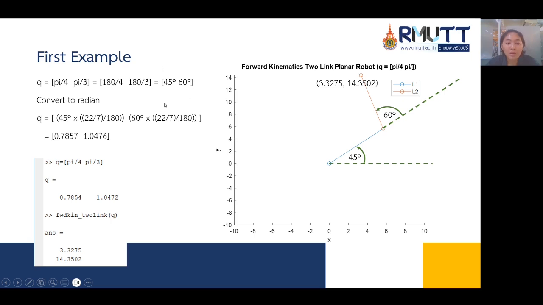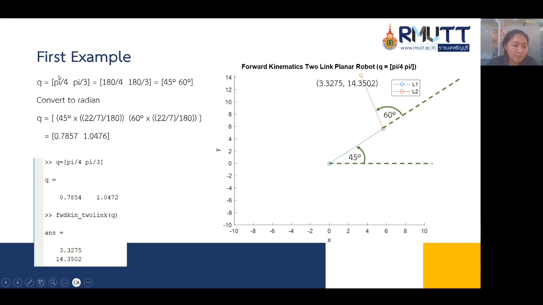Then for calculating the forward kinematic function in MATLAB, we have to convert the degree value to the radian value. We have to know how to convert degrees to radians. 1 degree is the same as 22 divided by 7 and then divided by 180. This is for converting from degrees to radians. So from this, we only multiply by the degree value.